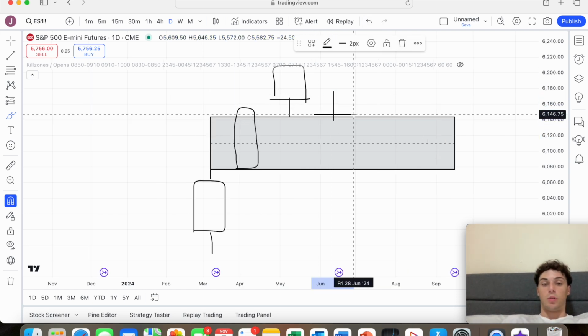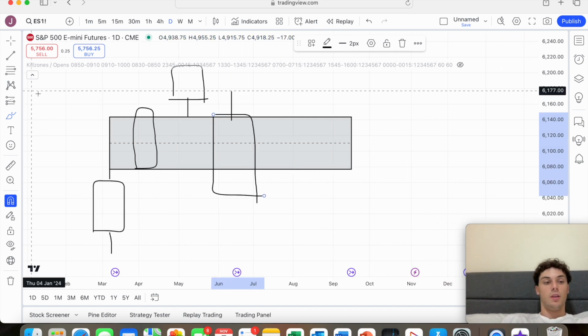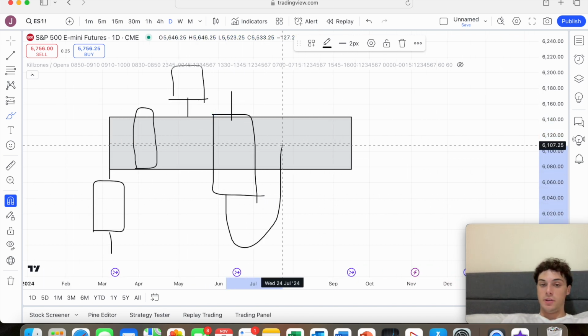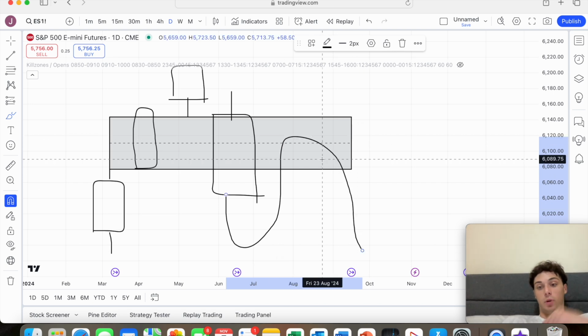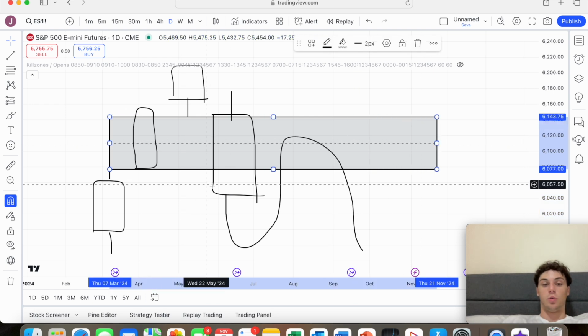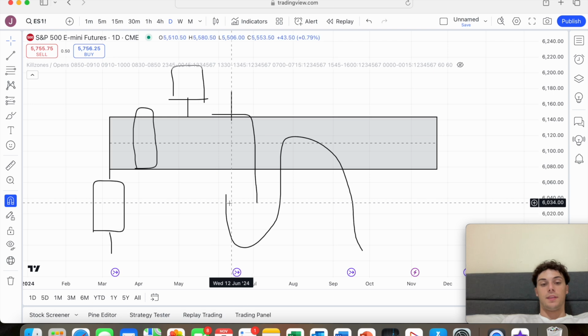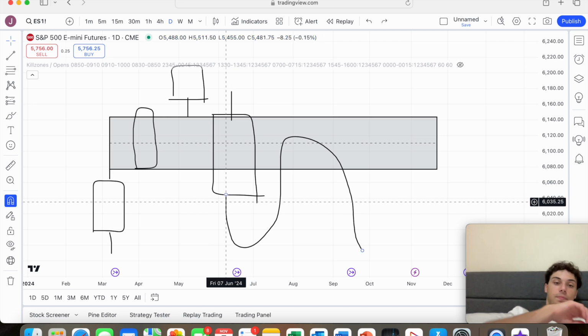But then if it broke through it and did the BPR, it would have been bearish, and then it would have gone back down. So that's the difference, and that's all the difference is. And that's all you need to know with fair value gaps. Fair value gaps are super simple.